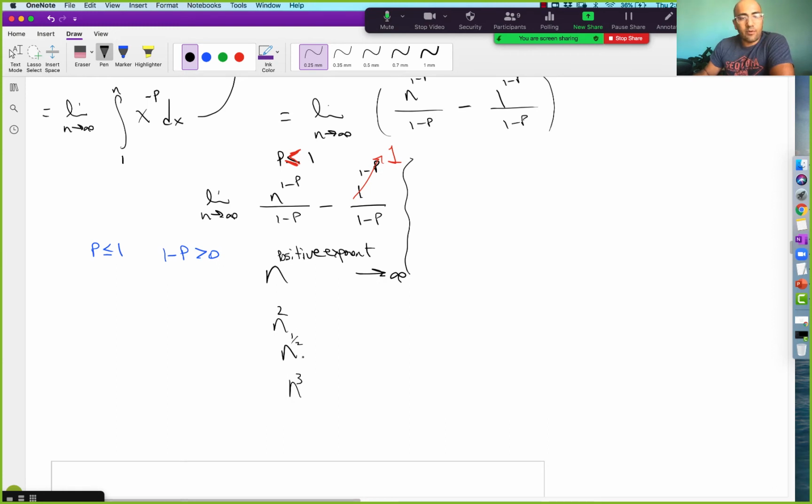Anytime we have a positive exponent, the graph will shoot off to infinity. So this whole limit as n goes to infinity of n to the 1 minus p over 1 minus p, minus 1 over 1 minus p, just shoots off to infinity. Is that okay? Questions?